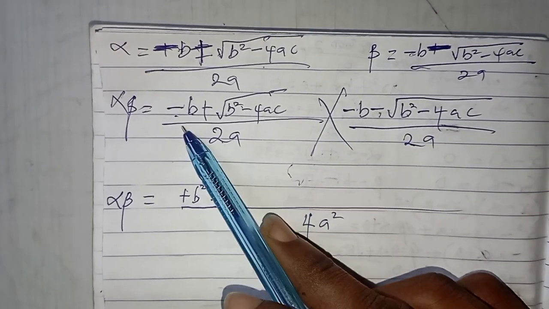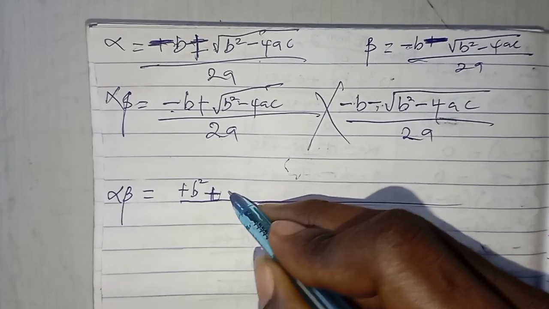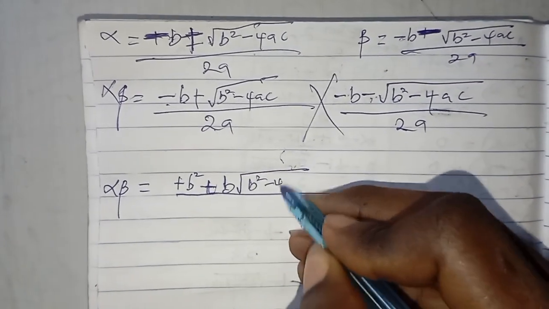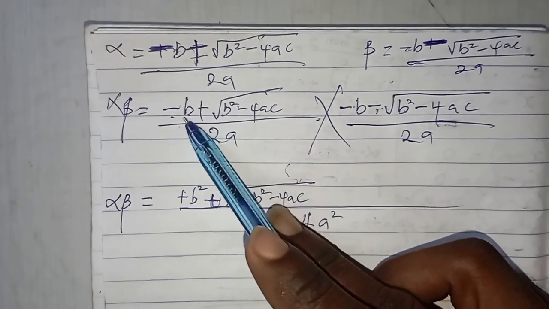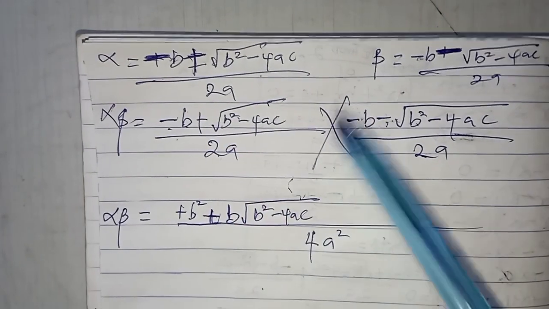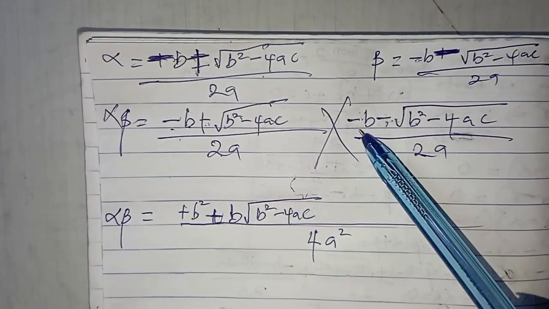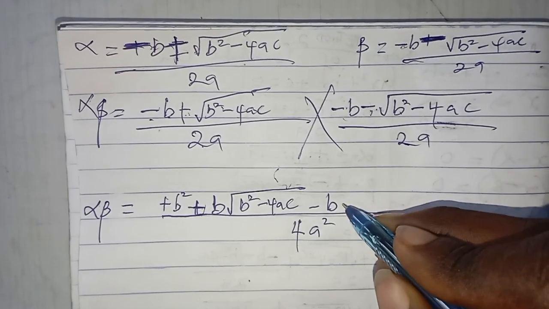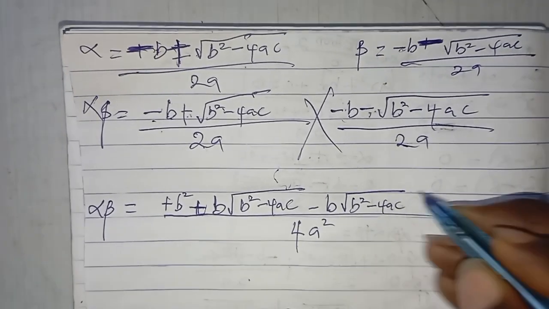So minus b times minus root of this becomes plus b root b square minus 4ac. So this b has done its best. Now let's go to this one. Plus root b square minus 4ac times minus b will become minus b root b square minus 4ac.